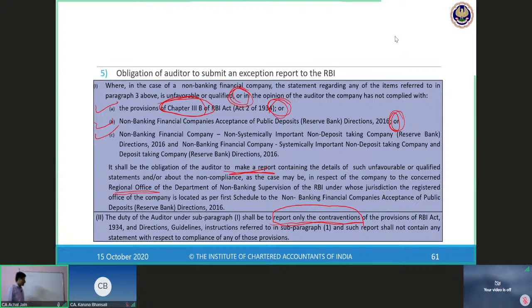Now it's an NBFC which is accepting public deposits.